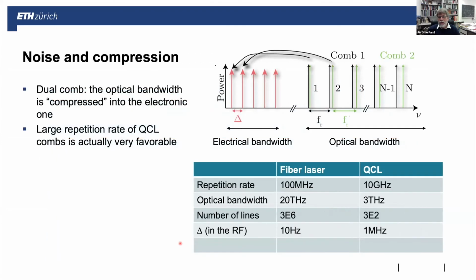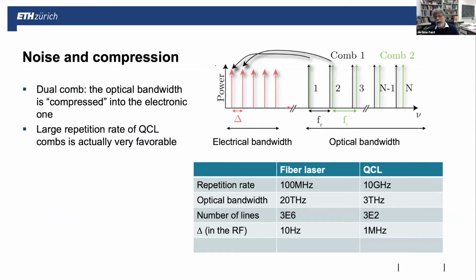Why is the repetition rate such a nice thing? Well, it's because if you look again at this dual comb, you realize that what you're doing is compressing the optical spectrum onto the electrical domain. And obviously, since you want a one-to-one mapping, you need to fit all the modes that you have in the optical domain into your RF bandwidth.